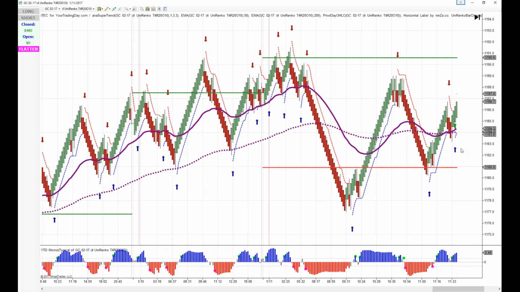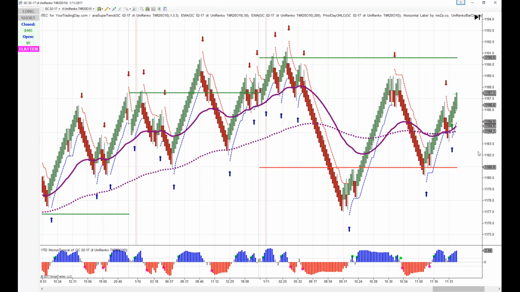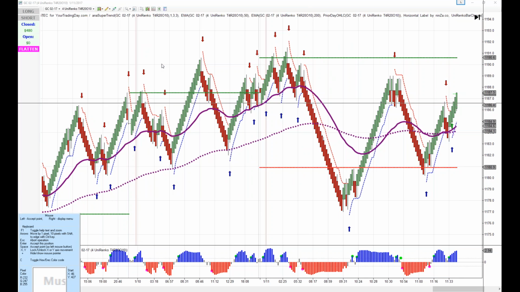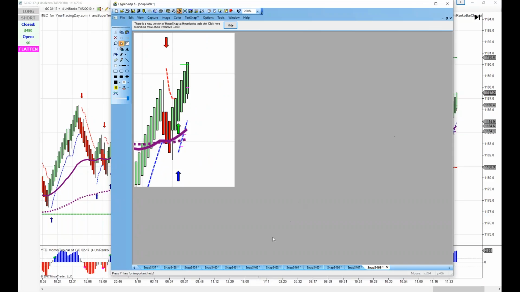Okay? Now, a question always comes, where do we place our stop loss at? So one of the things we want to do, let me take a snapshot of this. It's easier for me to explain things when I can draw them out for you. So a couple of things. So we got in the trade because why?